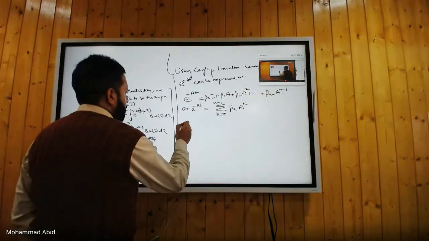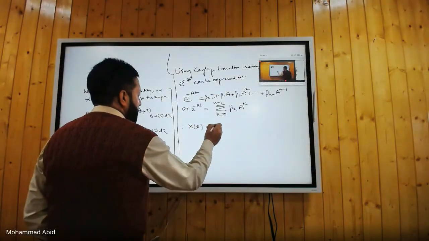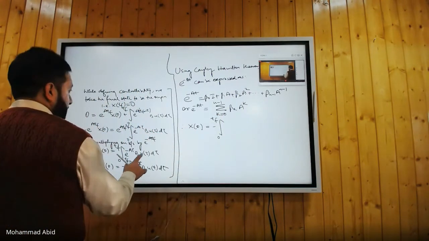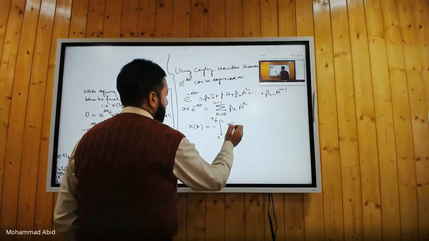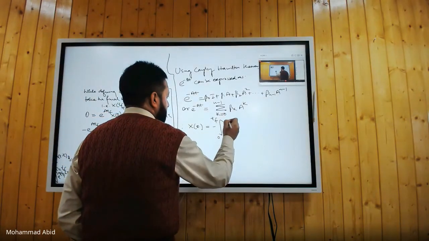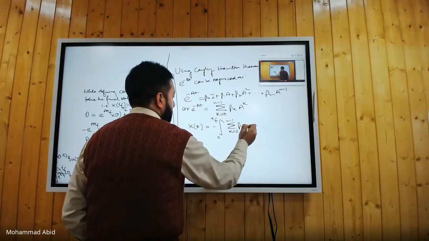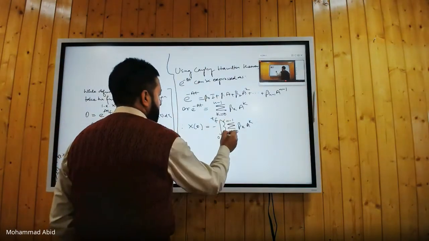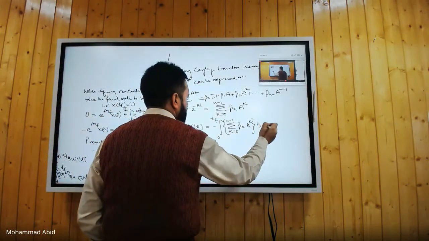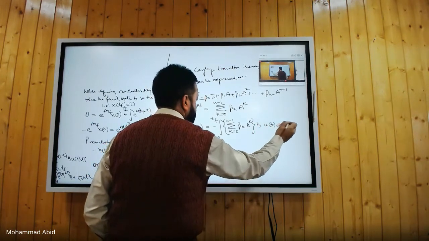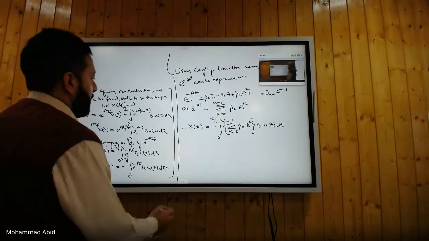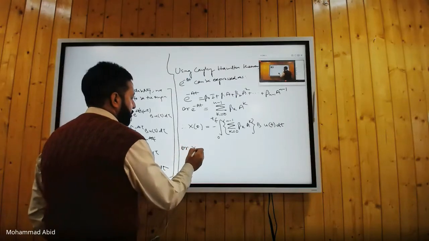So therefore x naught can be written as minus integral of 0 to tf, then I have e to the power minus At, so instead of that I can write summation of k equal to 0 to n minus 1, beta k A to the power k, and then I have B u(t) dt. Are you getting me?